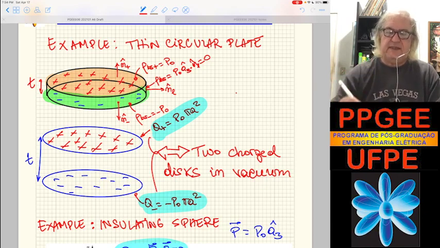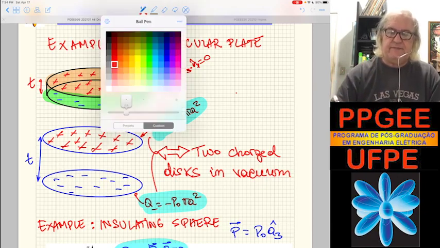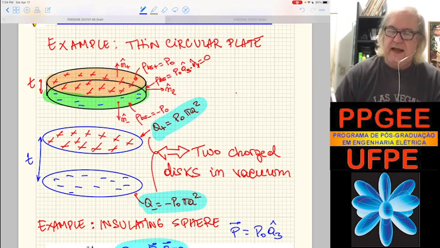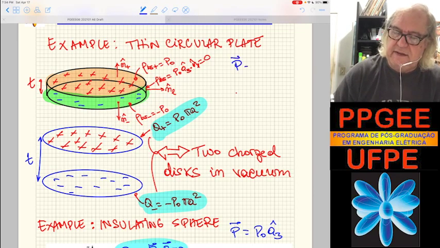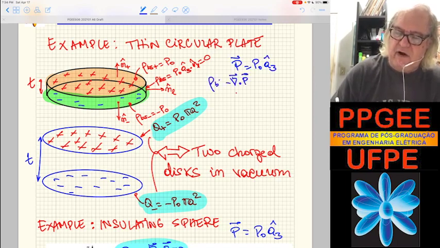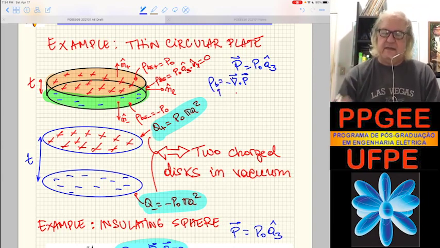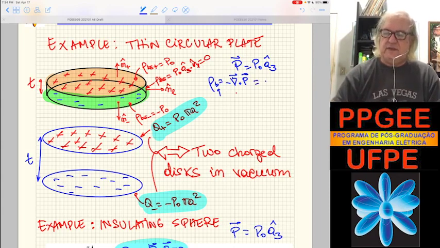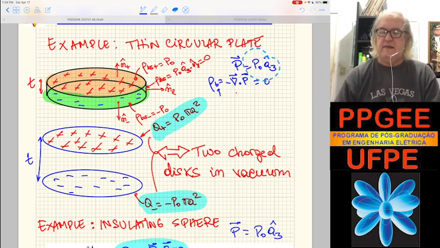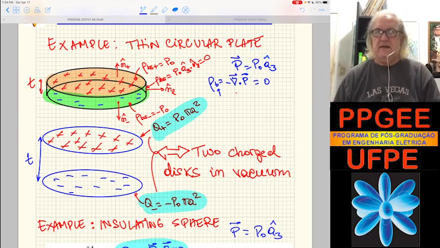So the first thing you see is that we have a constant polarization. So the divergence of P, which is the volume bound charge density, is equal to 0 because this is constant, right? So there is no volume polarization charge.